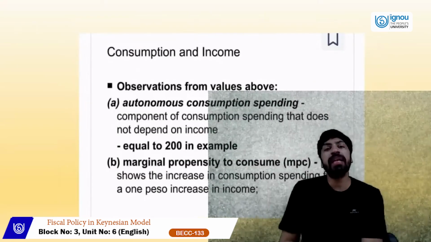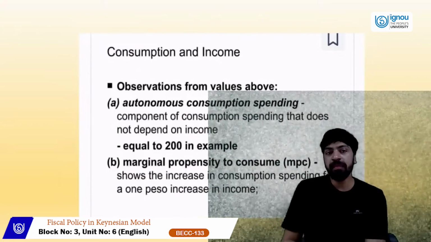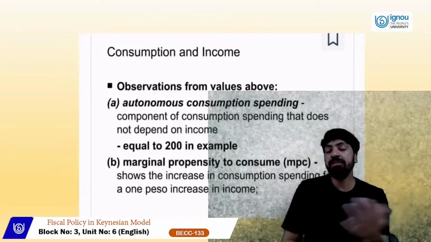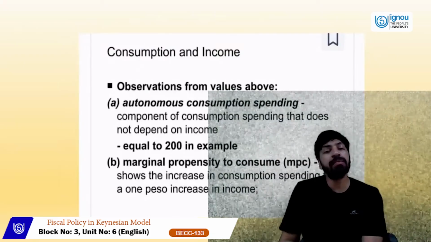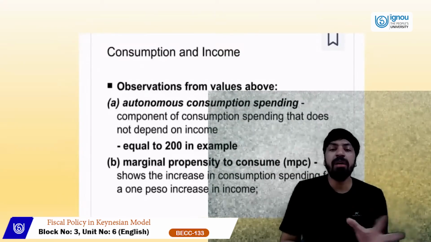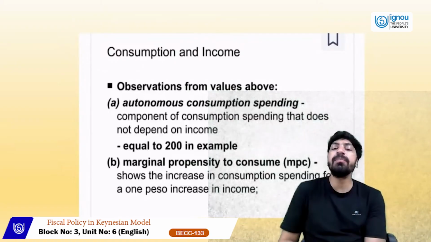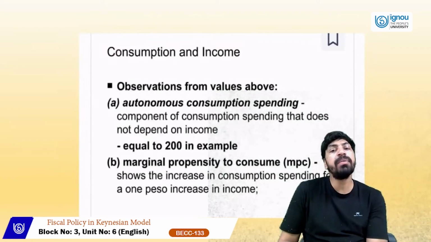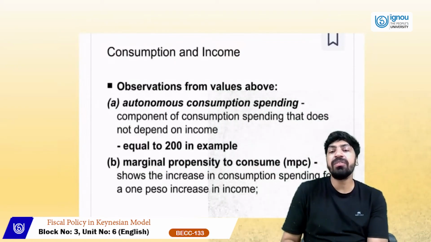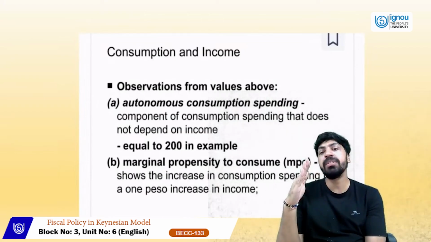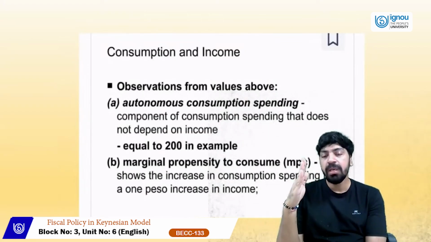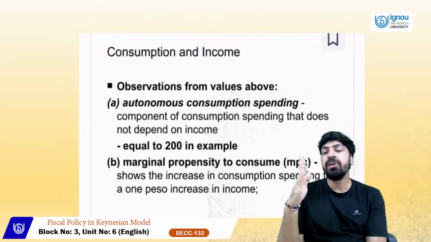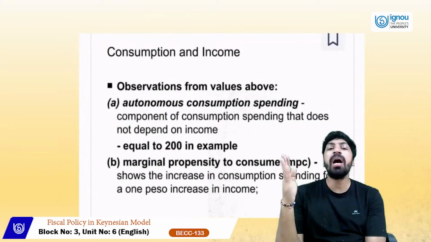Now we talk about the next concept with respect to the consumption schedule. There are two main concepts, and the first is autonomous consumption spending. If you look at the autonomous consumption spending, your autonomous income is 150 and your autonomous consumption, delta C, is 200.